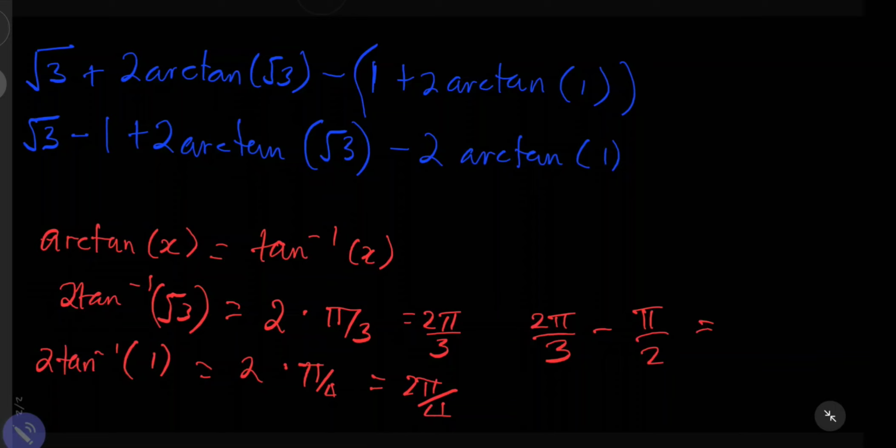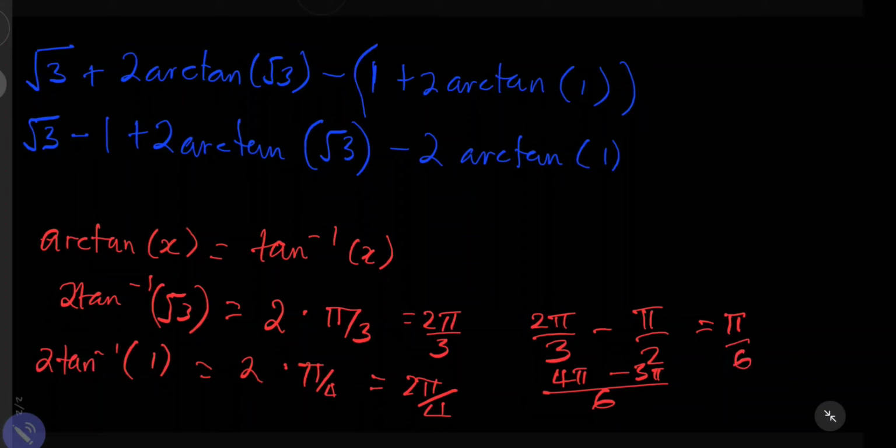So with a common factor of 6, 6 divided by 3 is 2 times the numerator, that's 4 pi, minus 6 divided by 2 is 3 times the numerator, that's 3 pi. So this would give us pi over 6.